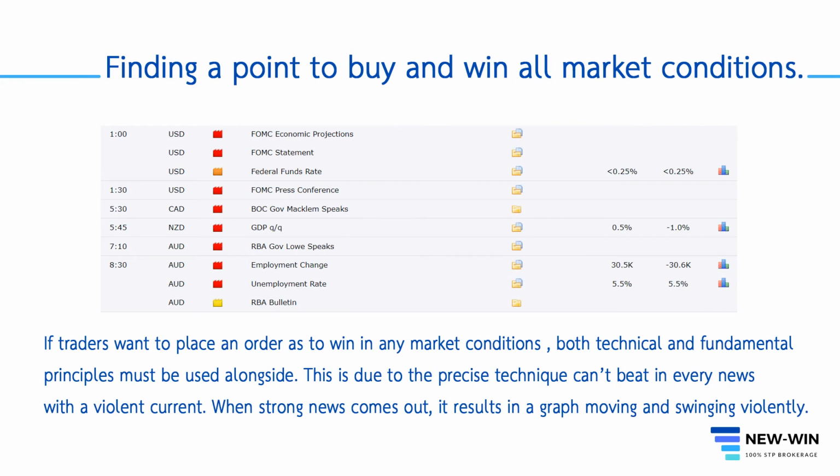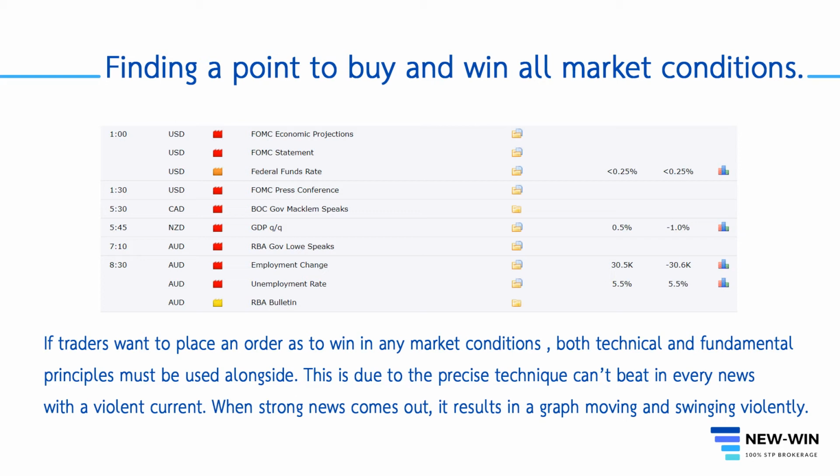Now let's take a look at the second topic here, which is about finding a point to buy and win in all market conditions, what the trader should consider. If a trader wants to place an order as to win in any market conditions, both technical and fundamental principles must be used alongside.